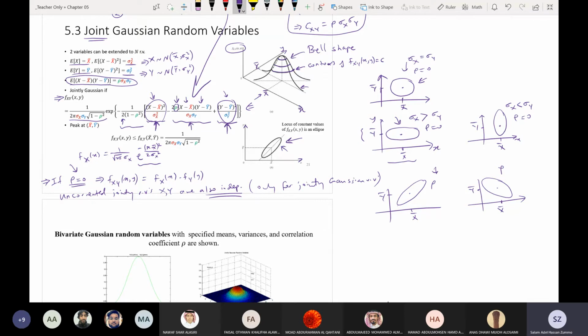Positive correlation. Why? Because as x increases, what happens to y? Y increases. The trend is clearly positive correlation.